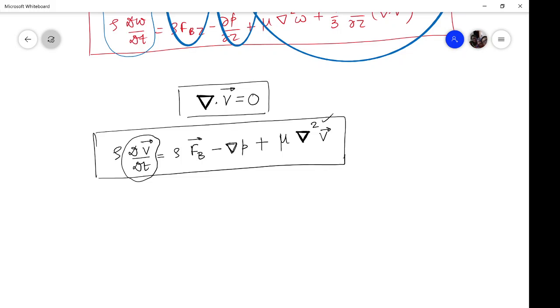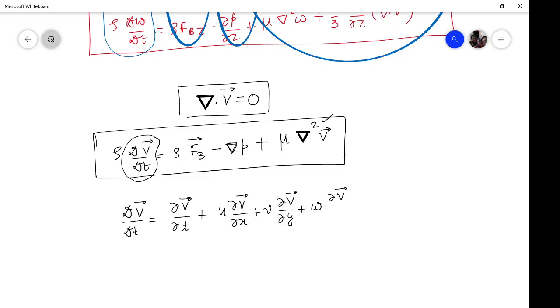If I expand this derivative, Dv/Dt in Cartesian terms will be ∂v/∂t, that is the temporal derivative, plus the convective term, that is u ∂v/∂x plus v ∂v/∂y plus w ∂v/∂z.